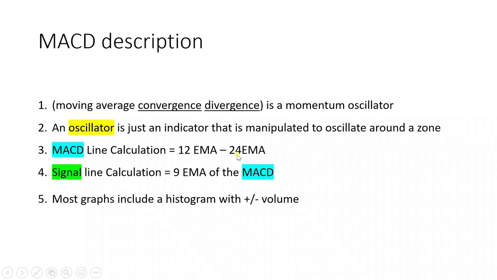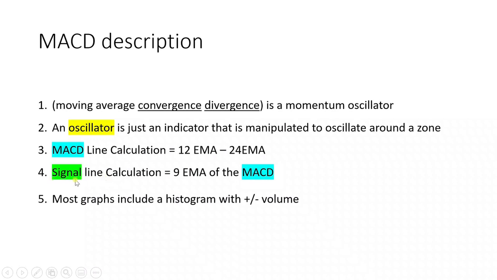After you get 24 periods graphed, and you've got your 12 EMA as well, you can start getting 9 of those, right? Well, that would be your first one. So after 9 days after the 24, so 33 periods, you have enough to get that 9 EMA of the MACD line. So that's interesting.